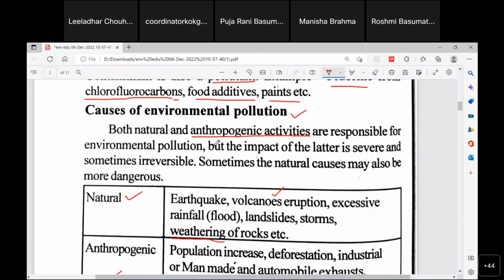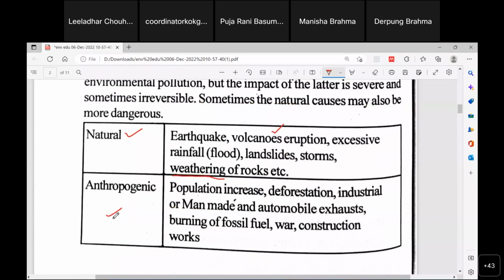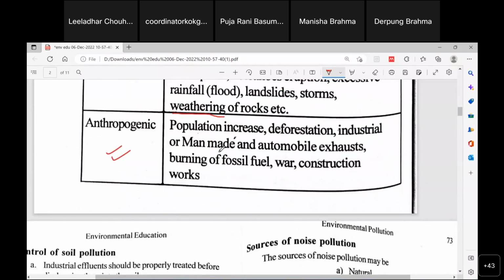Human activities are doing more damage because not every day does an earthquake come and a volcanic eruption take place. Sometimes natural causes may also be more dangerous, but currently among scientists this part is more discussed and more troublesome. So: population increase, deforestation, industrial or man-made, automobile exhaust.